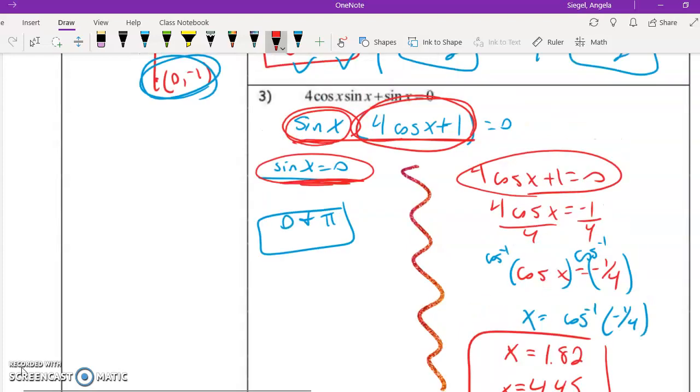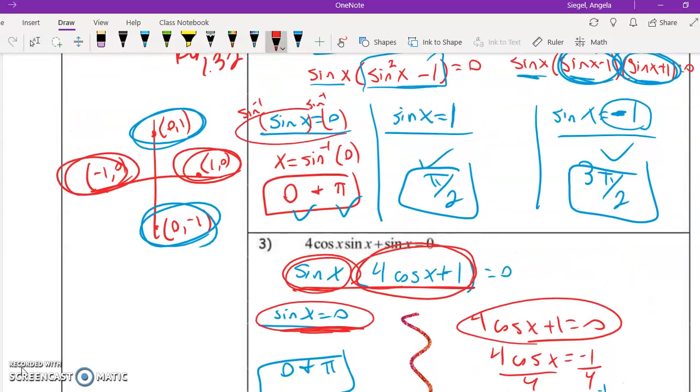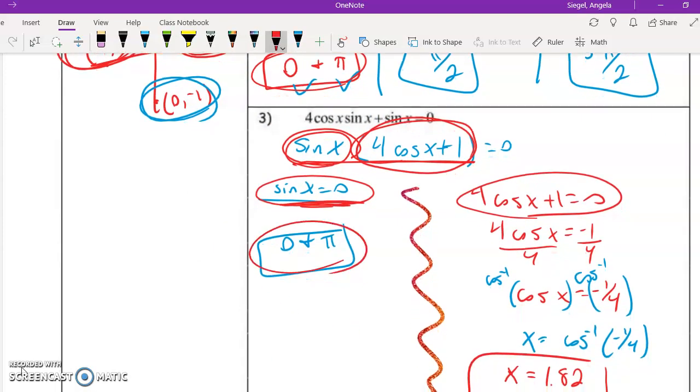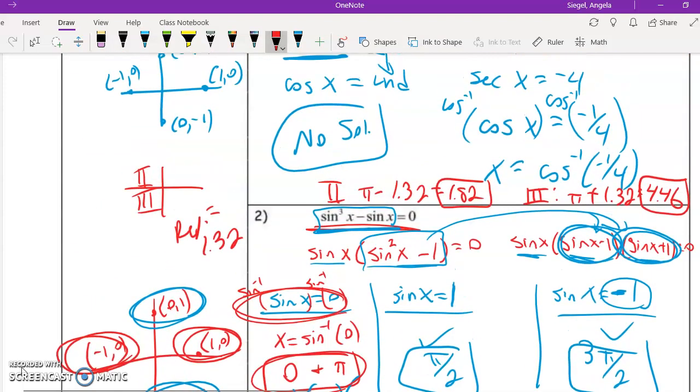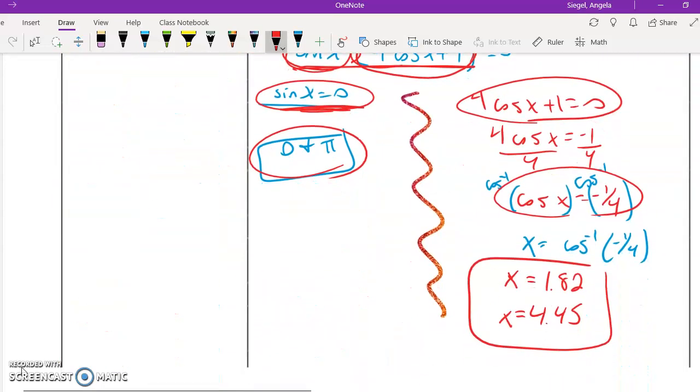And this one we just had right here. So my answer is 0 and pi. And then for this one, we also had it up here, cosine inverse of -1/4. And so I just stole the answers from before.